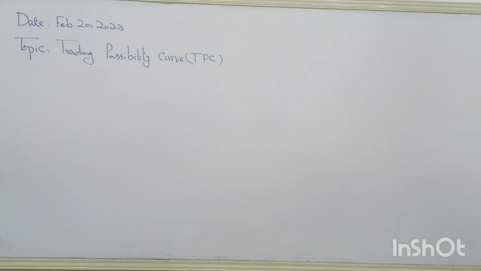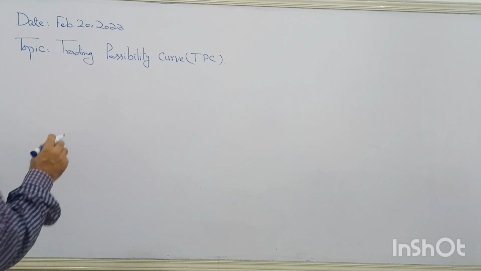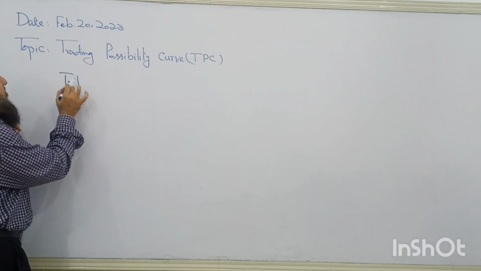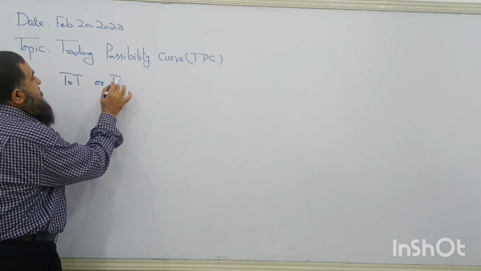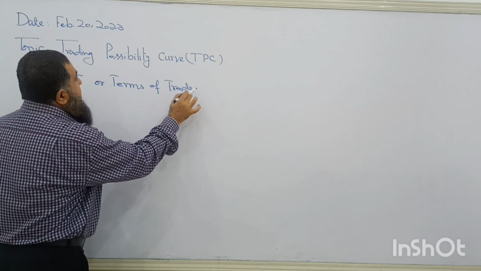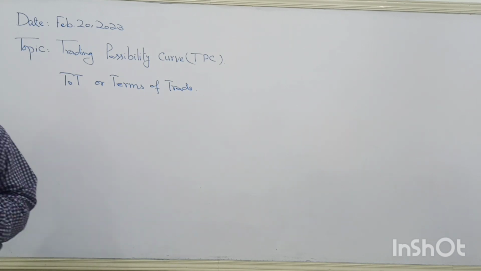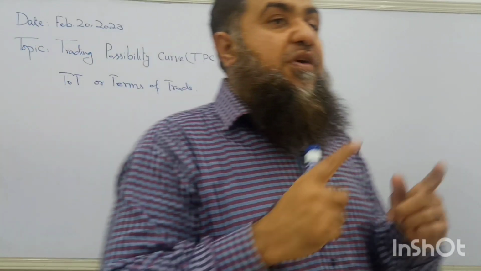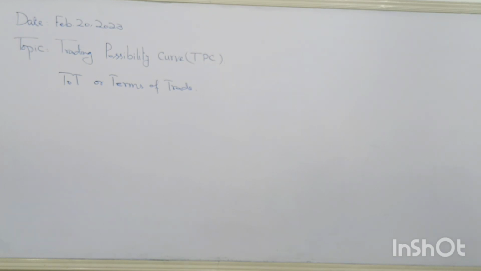Now I am going to bring this same thing. This was the barter trade. Now I am going to use the same concept for terms of trade in terms of money. So terms of trade, TOT. It shows by exporting 1 unit of a good, how many units of imports will be financed.